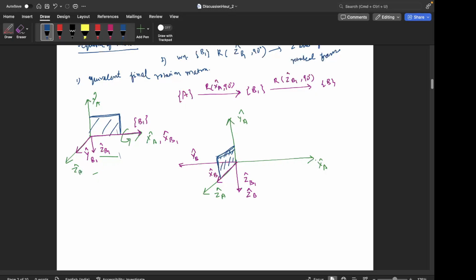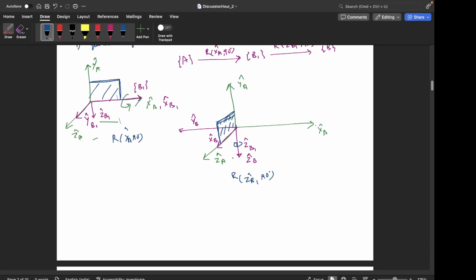Right, so this is the rotation about the ZB1 axis. This is our XA about 90 degrees, and this is our ZB1 90 degrees. Okay, so this is the final orientation of the rectangular plate after these two rotations.